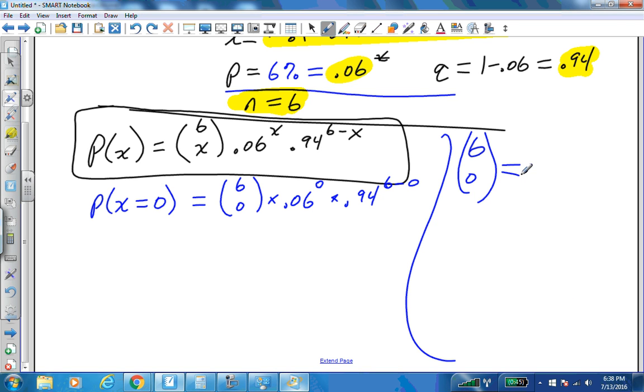Before we calculate that, let's think about this. If we have 6 wheels and we're looking for are they centered or not, if we want to have 0 off-centered wheels, if we're looking for the likelihood of finding 0 off-centered wheels, then there's only one way that can happen.